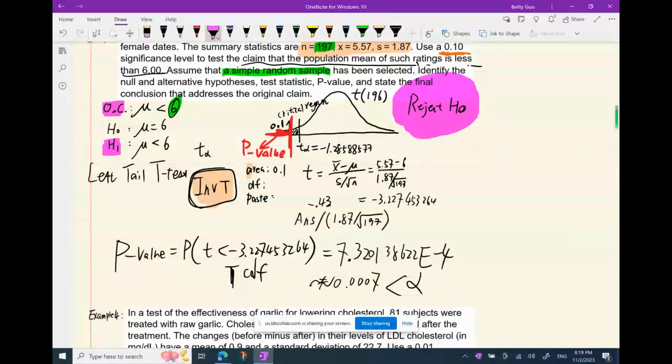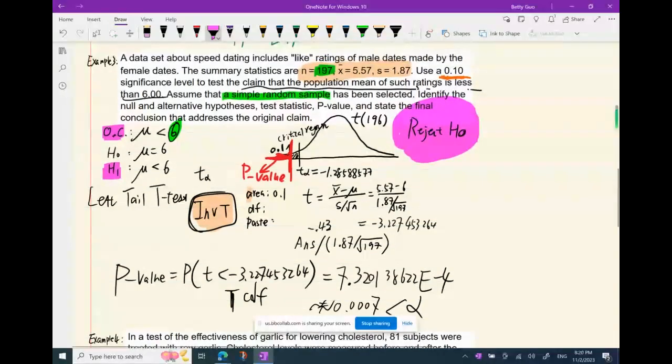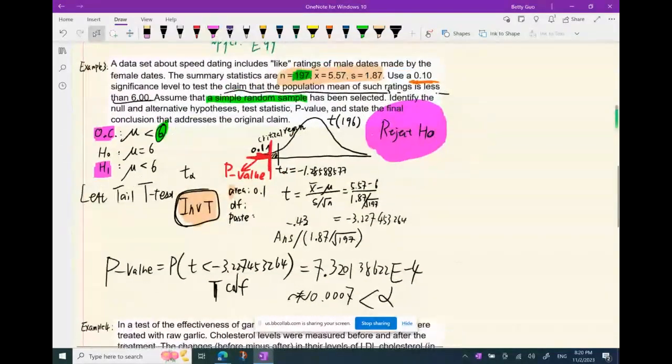The last step of the process is to make a formal conclusion about the original claim. In this case, we reject the null.